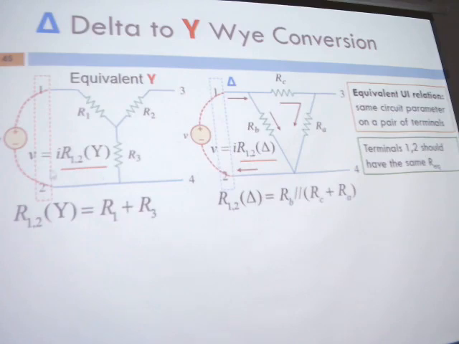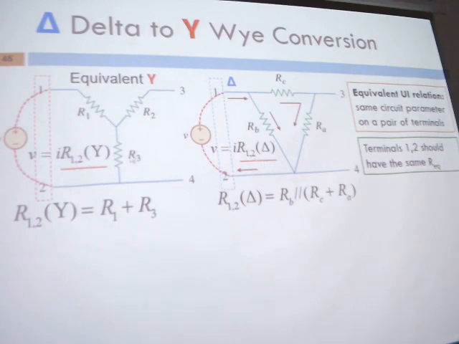And you can see this one is the form of the UI relation of port 1. Clear? V equal to I times R12 of this one and this one. The difference is just the notation in the bracket. This part is delta, this part is Y, and other things are the same. So our purpose is to make this one and this one equivalent, right?